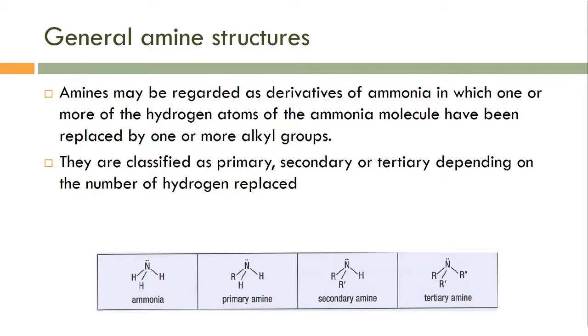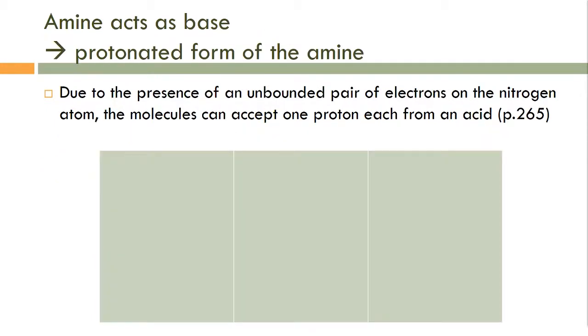Secondary, hope you can see 2 R's there, 2 alkyl groups, and tertiary, you've got 3 alkyl groups. So that just defines primary, secondary, or tertiary amine. How many carbon friends does that nitrogen have? That's really that. That's the classification.